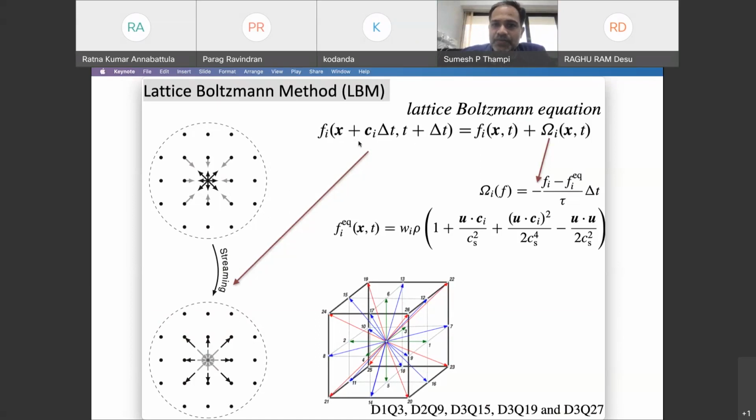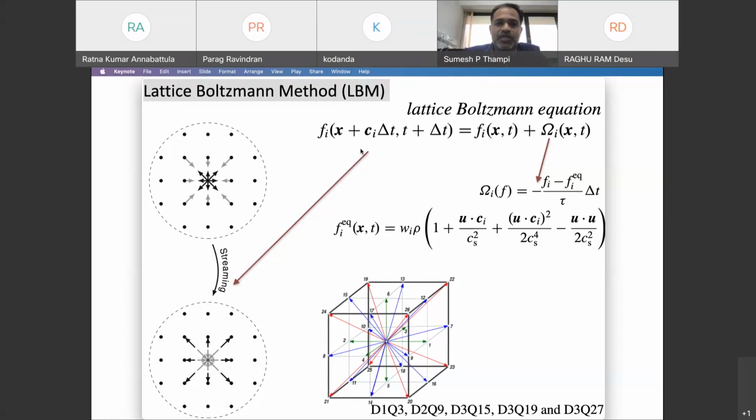One part tells you how the distribution functions move around in space, which comes from the advection operation on the distribution function in the Boltzmann equation, and then there is a collision or relaxation operation. These are the only two operations you do in the lattice Boltzmann method.